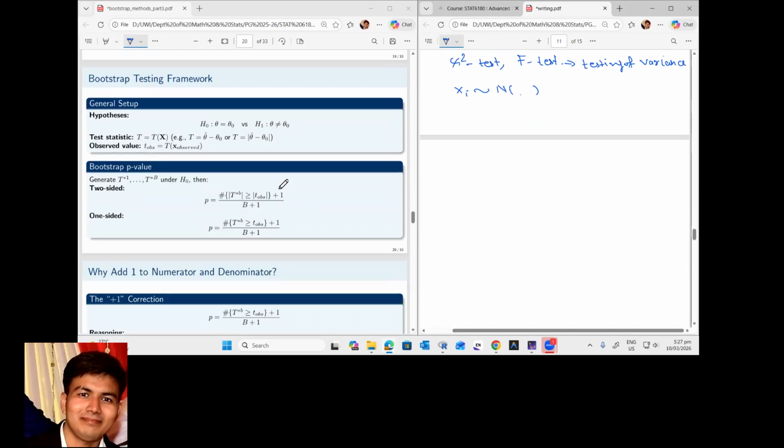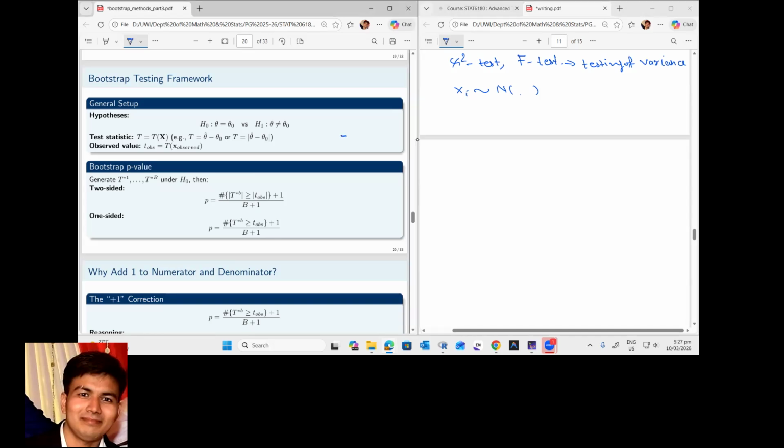So what is the general framework for bootstrap testing? We need to define the hypothesis H0: theta equals theta naught versus H1: theta is not equal to theta naught. Suppose theta is the parameter of interest and we are testing this null hypothesis.